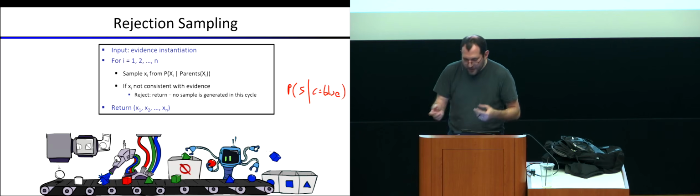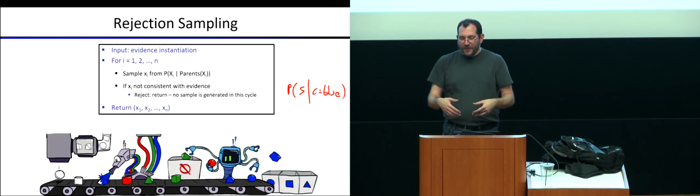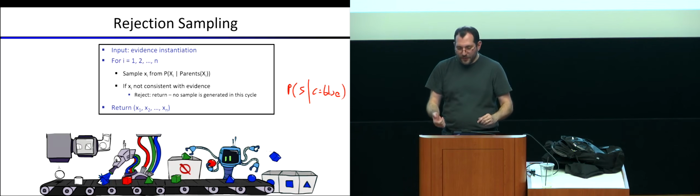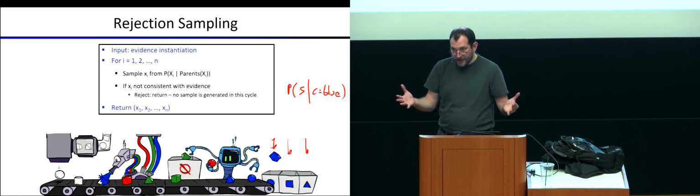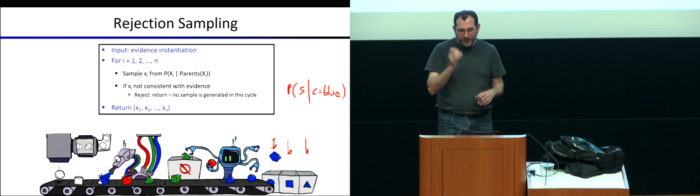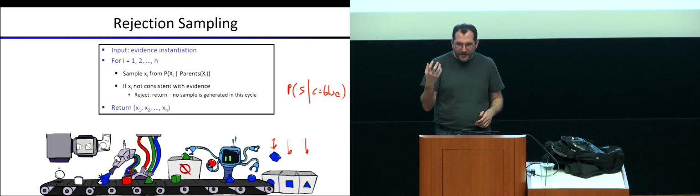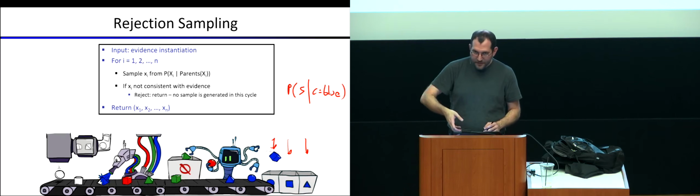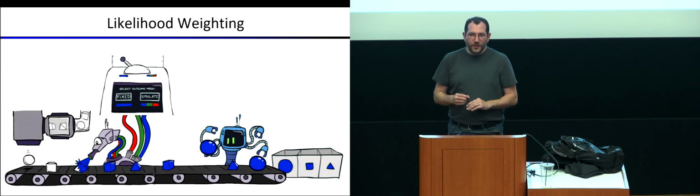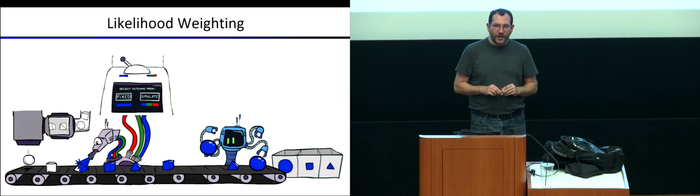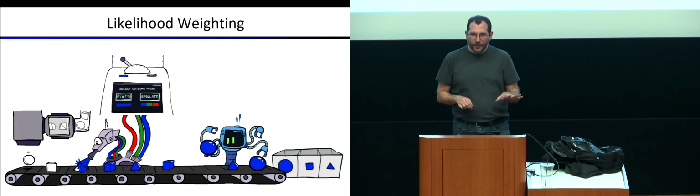So what do we do? Colored shapes come off the conveyor belt, and if it's blue, we throw it into one of the shape bins. This one's going in this bin. They go into the bins. In the end, I'm going to count up how many things fell into each bin. When I get something that's red, it doesn't match my evidence of blueness, so I throw it out. In likelihood weighting, we don't have the problem of throwing out samples because we make them all blue.